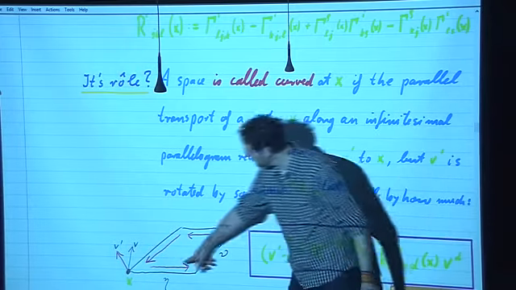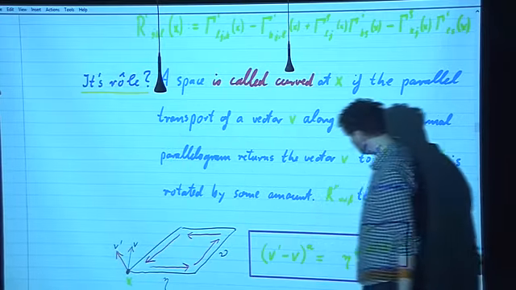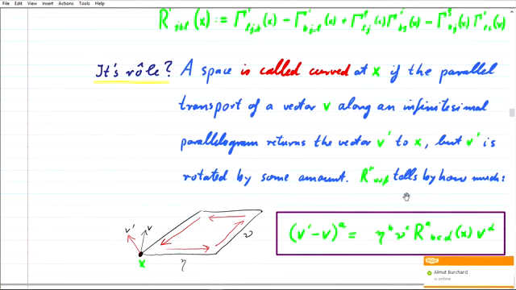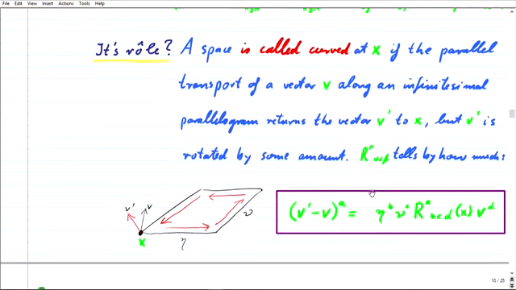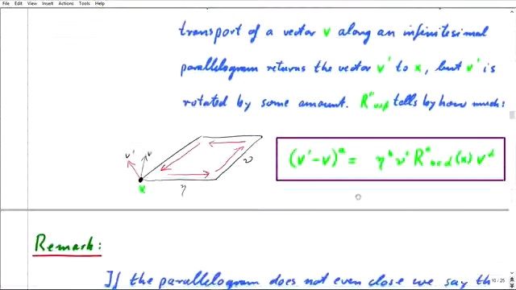These are infinitesimal parallelograms, and so the rotation is also an infinitesimal one. Actually, in general, it's not a rotation, but a Lorentz transformation. If it were just a spatial curvature, it would be just a spatial rotation. If it's space-time curvature, then it will generally be a Lorentz transformation.